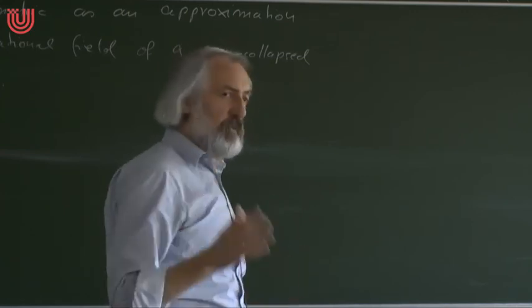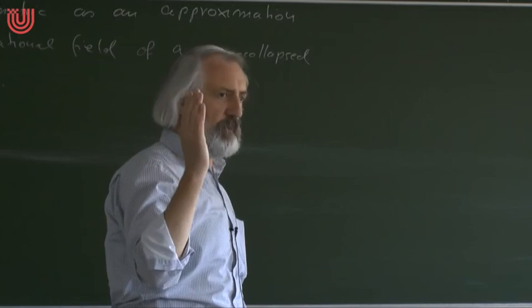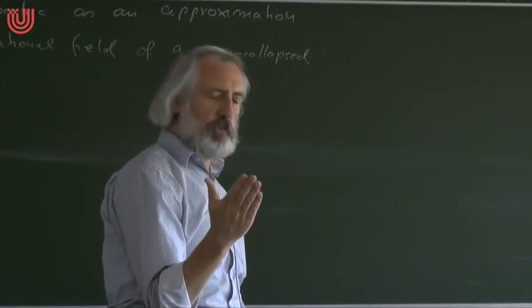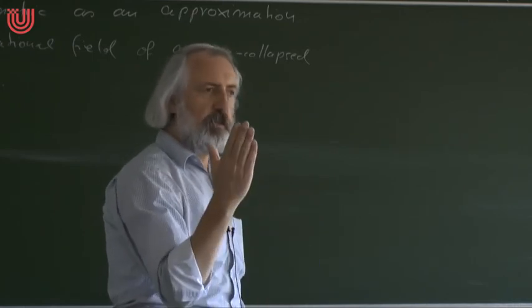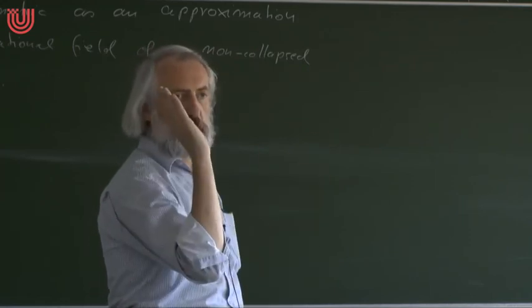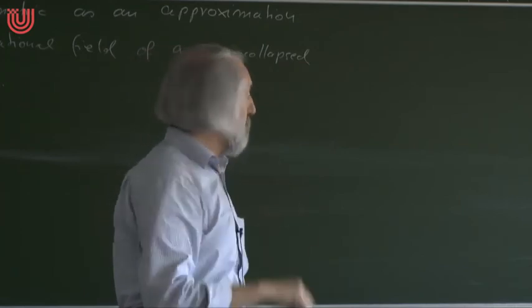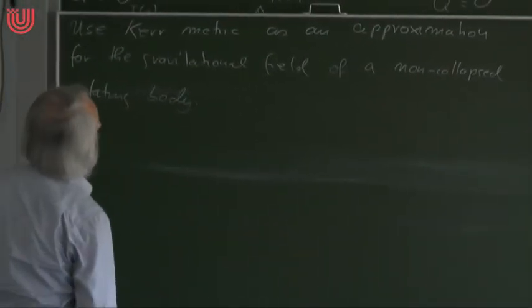And now comes the a term. The question is, does the a term add a qualitatively new feature? And what it does is that the orbit is no longer in a plane. Not only is the perihelion precessing, the whole plane is precessing in addition. Yeah, the orbital plane is precessing. And that's what one calls the Lense-Thirring effect. And this is something which can actually be observed.